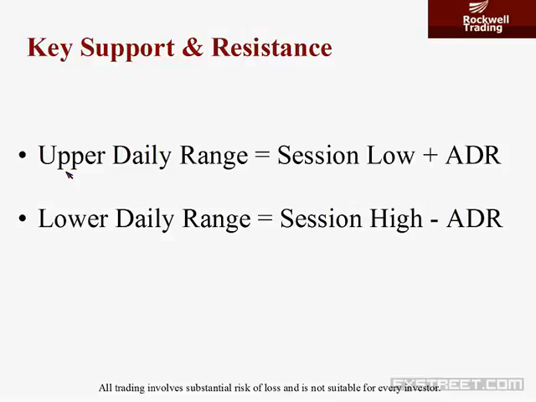Whenever we go to exceed that range, that's a warning sign to me. We can use the upper daily range or the lower daily range as a key support or resistance area. The upper daily range is calculated by taking the session low and adding the average daily range. The lower daily range is calculated by taking the session high and subtracting the average daily range.